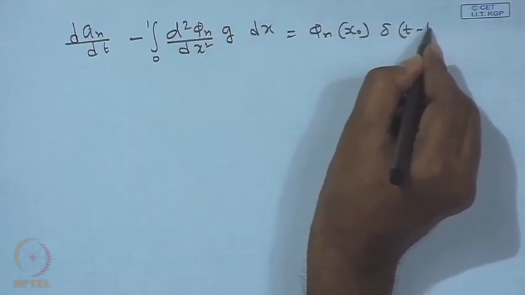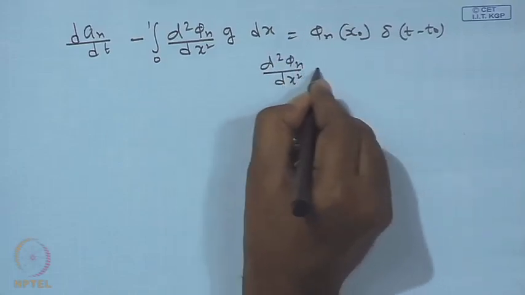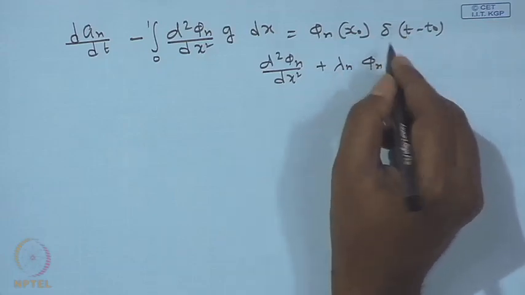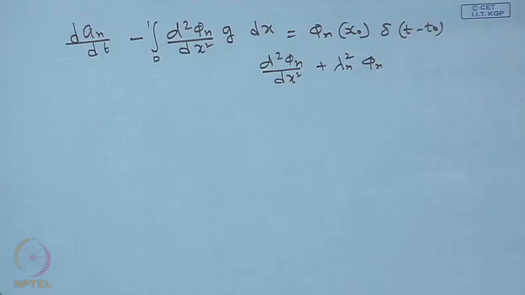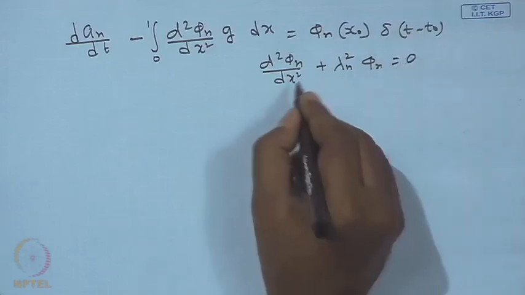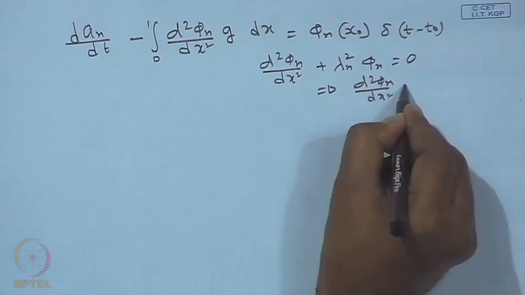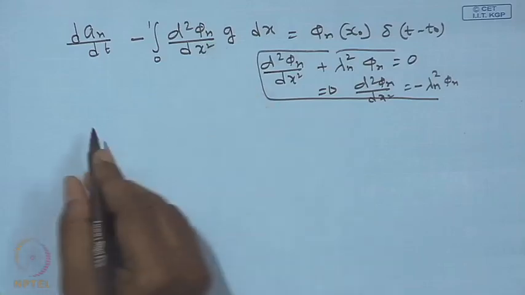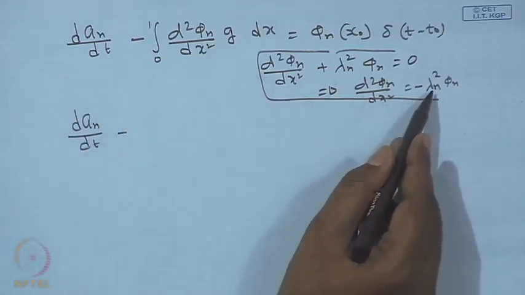is equal to phi n x naught delta t minus t naught. And d square phi n dx square plus lambda n square phi n is equal to 0. So, d square phi n dx square is nothing but minus lambda n square phi n. We utilize this in the governing equation, this becomes d a n dt minus, we put minus minus plus.